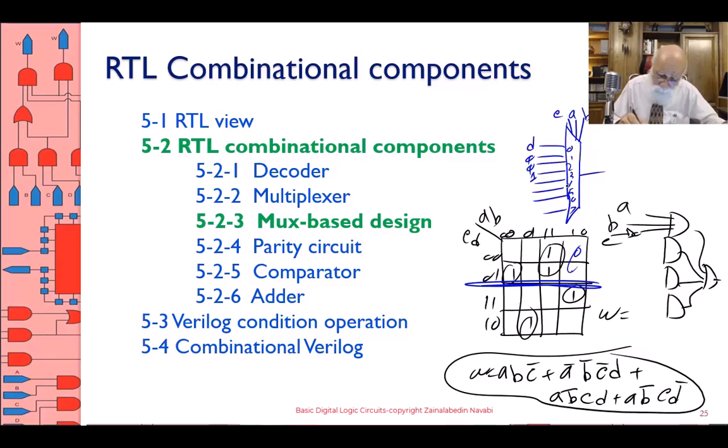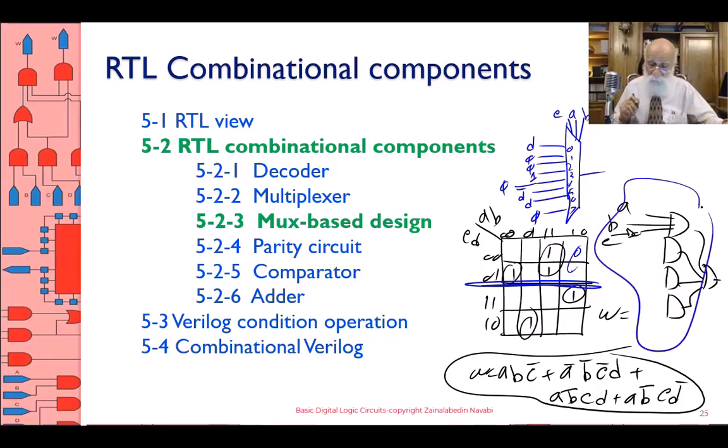The lower one, this one is 0. This one is D bar. Okay, next one is D, and next one is 0. See? A big difference between the discrete logic here and the single multiplexer for implementing this Carnot.